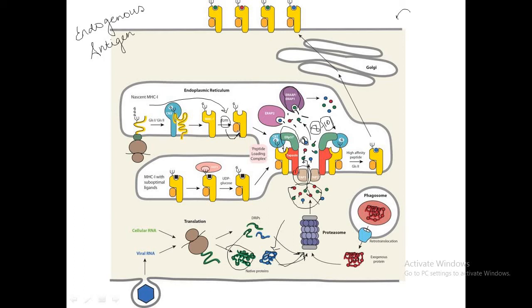So we will discuss the structure of MHC1, and I hope you know about the structure of the MHC1 molecule and what it comprises. The MHC1 molecule basically consists of an alpha chain and a beta part.